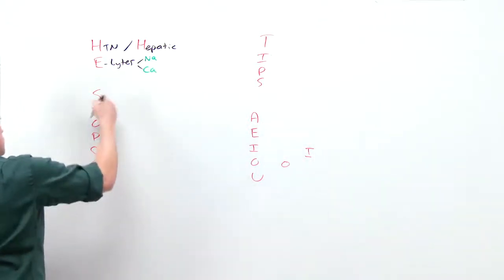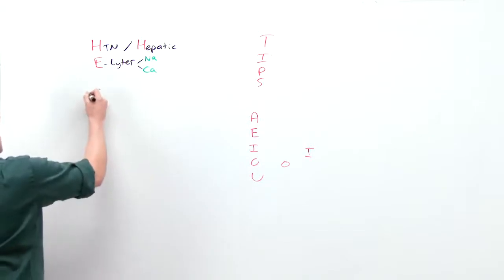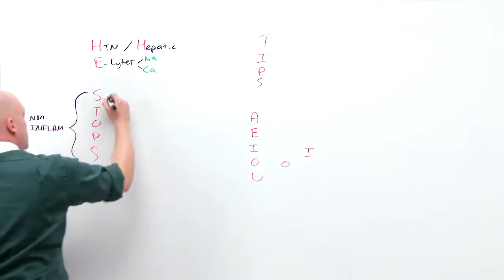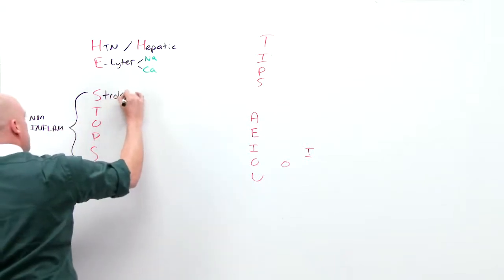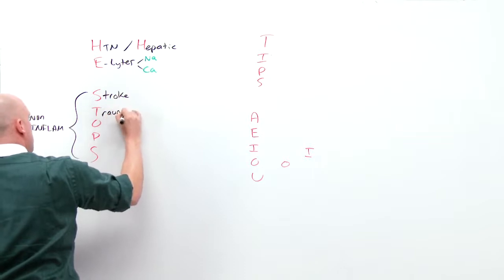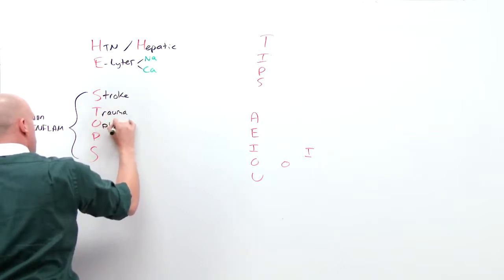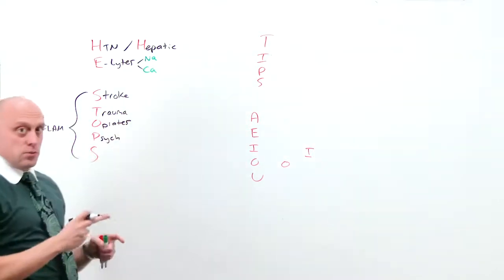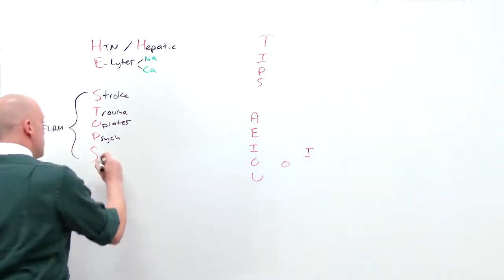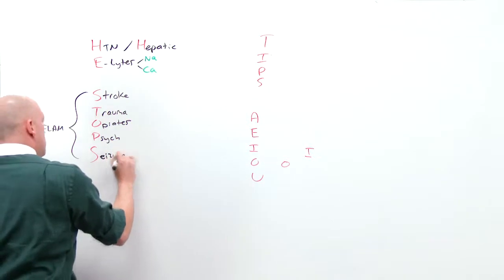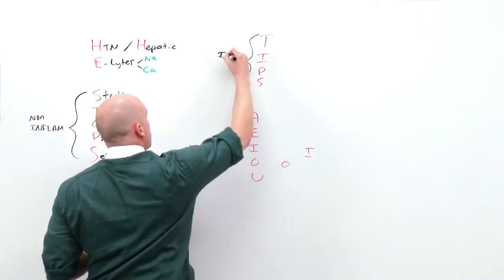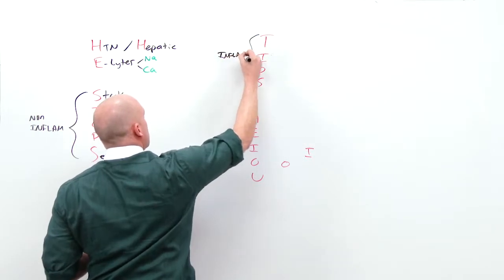These conditions in stops is the non-inflammatory brain-related stuff, such as stroke, trauma, opiates, psych, which means either faking it or psychosis, and seizure. These are the inflammatory and are lumped together.